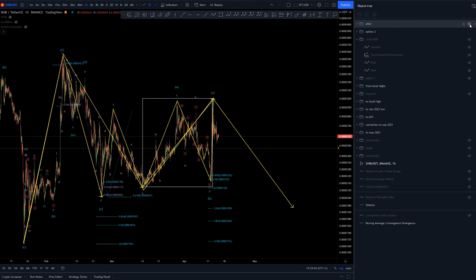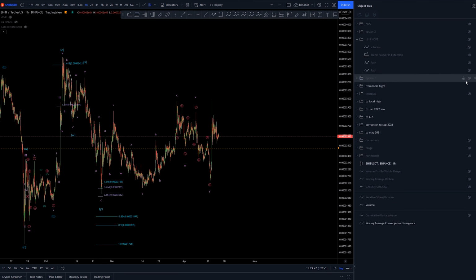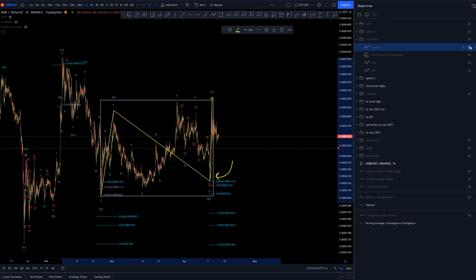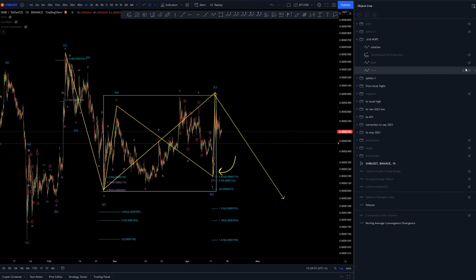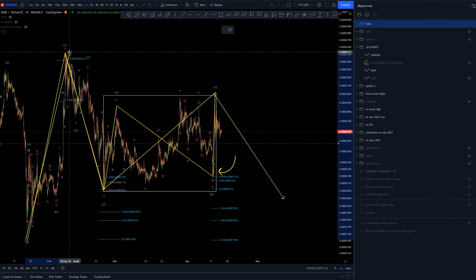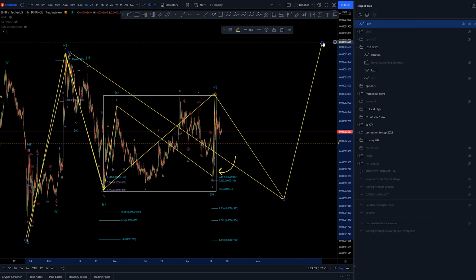I prefer the first option, this one with this kind of structure, where we would be connecting this here, here and here.